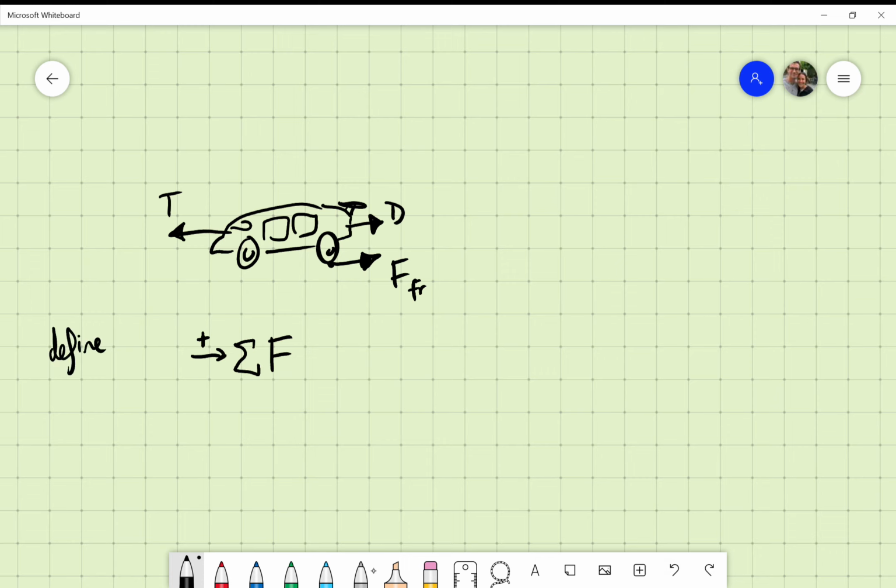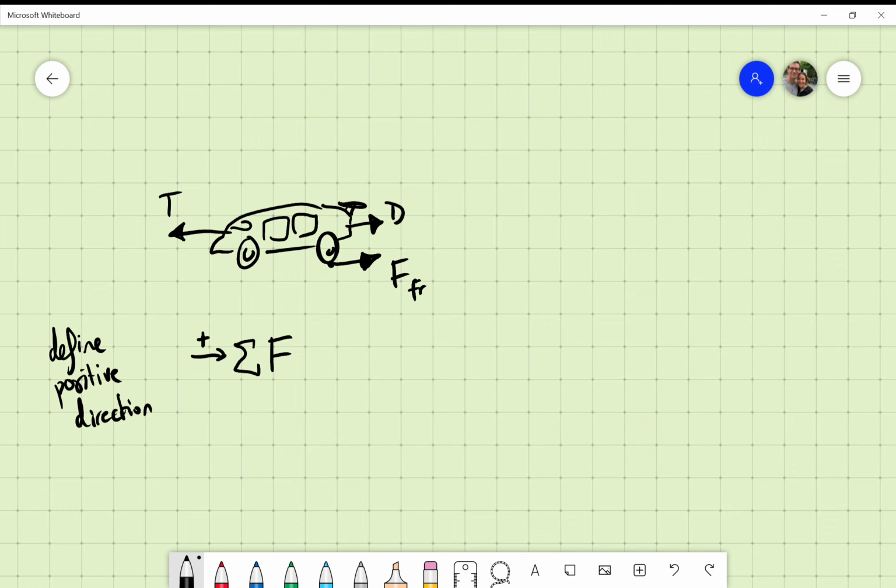We do that with this little symbol on the side, a little arrow that's clearly horizontal to the right with a positive symbol.